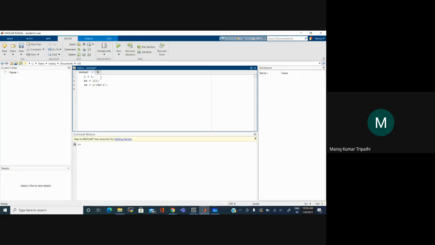All of this we have discussed. Then number of time steps that we want to take, let's say 100, or we can give a final time for which we need the answer, let's say 5 seconds or something.